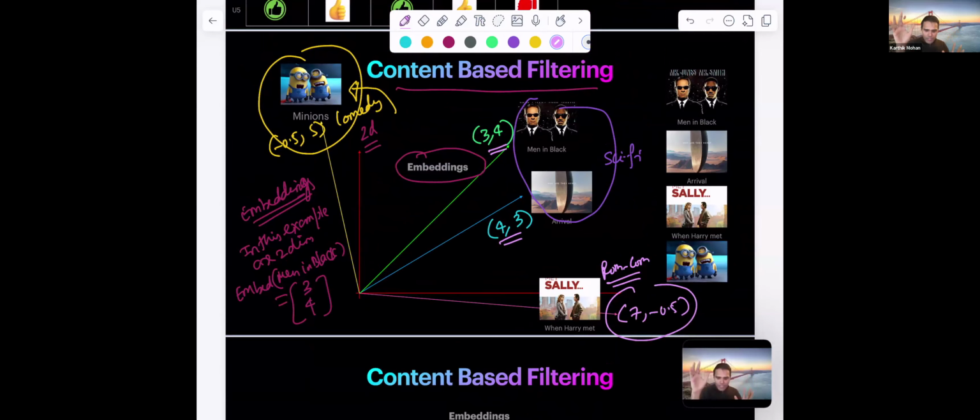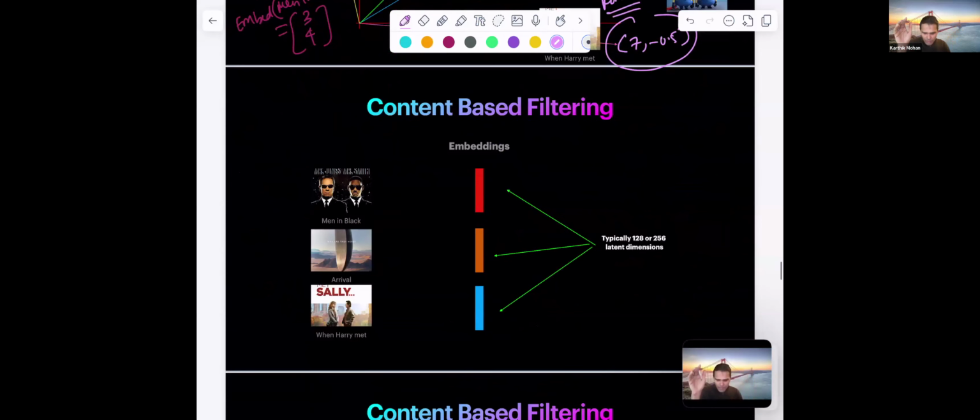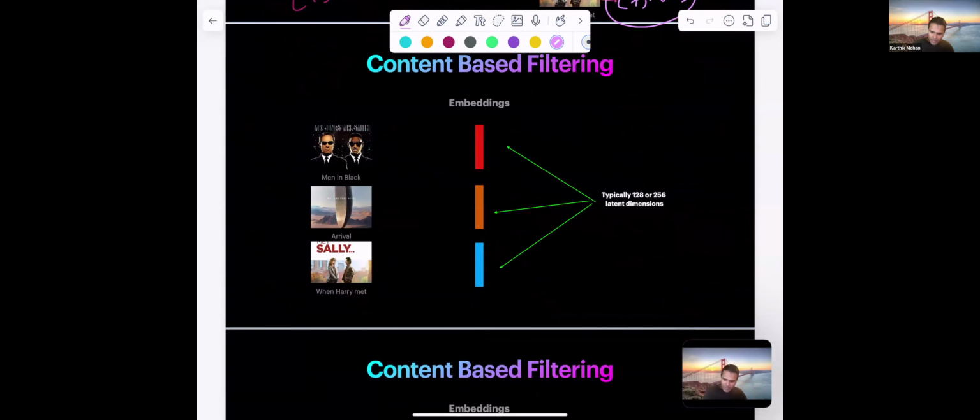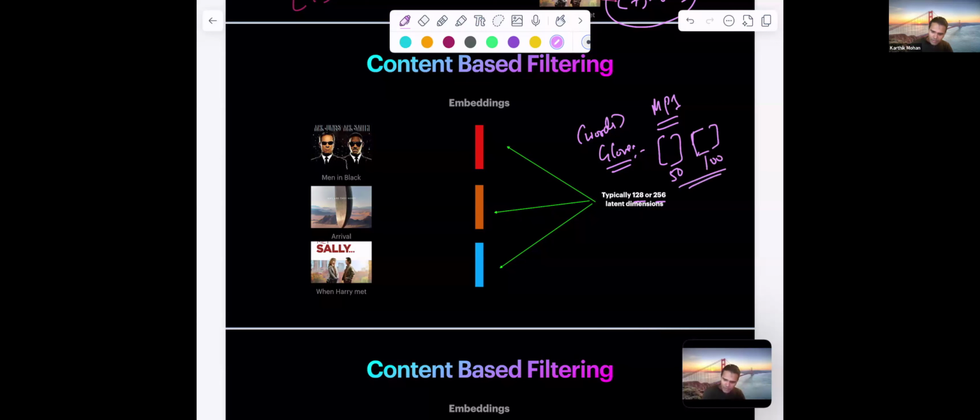Maybe we can visualize 3, but not more than that. So embeddings typically are in 128 or 256 dimensions. So even for our mini project one, you'll see the GloVe embeddings that you'll get to work with, and these are for words, right? You'll see they're in like 50 dimensions or 100 dimensions and so on.